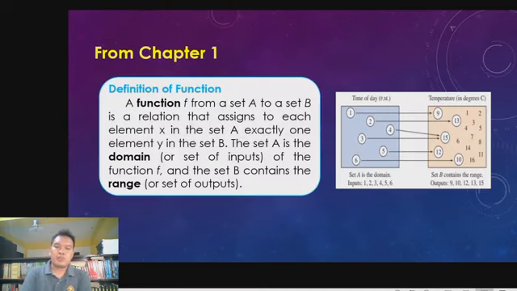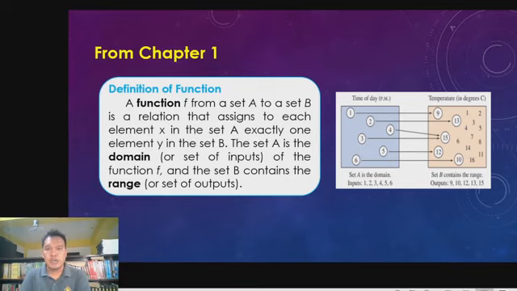Okay, from chapter 1, we defined functions from set A to set B. So in our function, our algebraic expression, we have the value of x, which is the domain, and the equivalent value of y, which is the range.